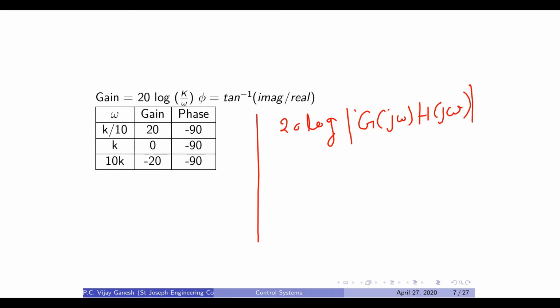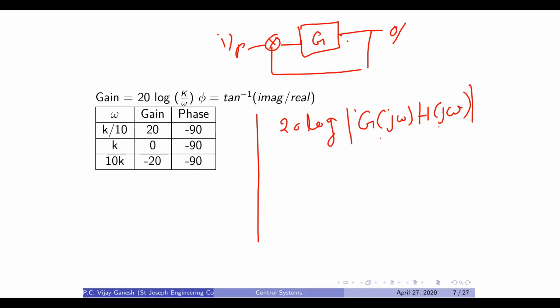In all our analysis we will assume that we have an open loop gain G and a unity feedback, so this is our input.